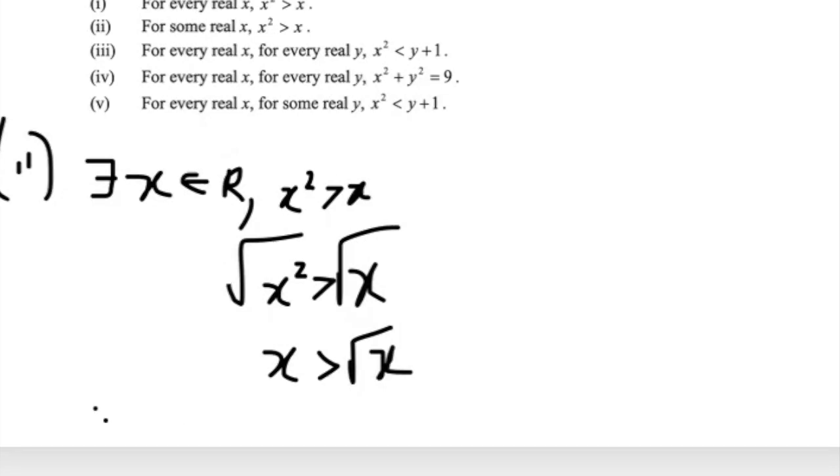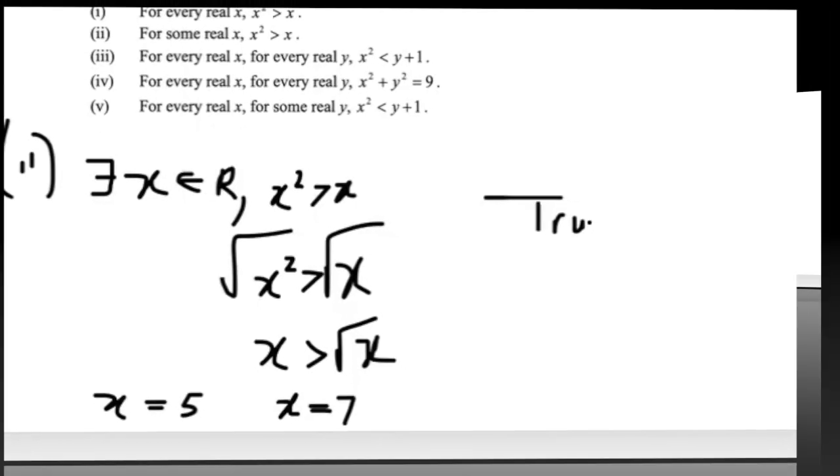Because if x is equal to, say, 5, the square root of 5 will be smaller. If I choose x to be, say, 7, when I root it, it's going to be smaller. So in this case, my answer is true.